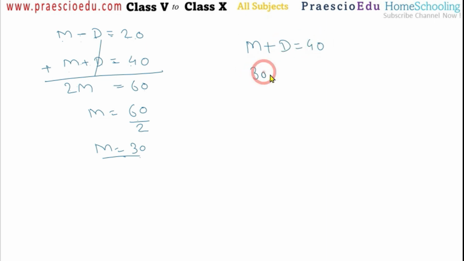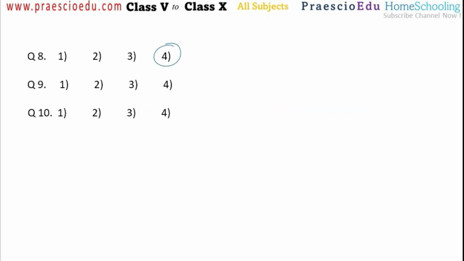So 30 plus D is equal to 40. So this 30 is here in addition, so when we transfer it to this side, it will be negative, or subtraction. So 40 minus 30 means 10. So Deepika's present age is 10 years, and that is given in option number 2.